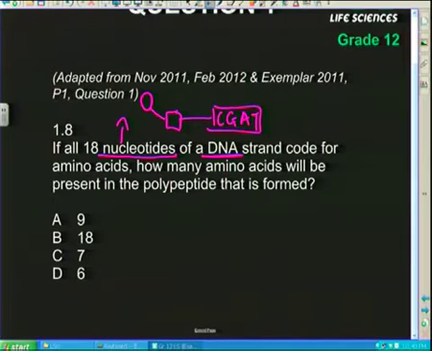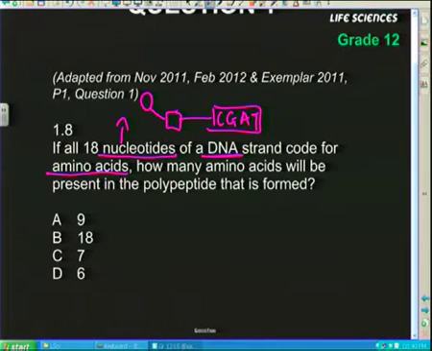They say if all nucleotides of a DNA strand code for amino acids, all 18 nucleotides code for an amino acid. How many amino acids will be present in the polypeptide that is formed?